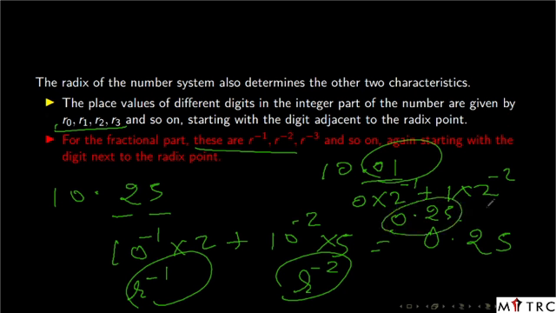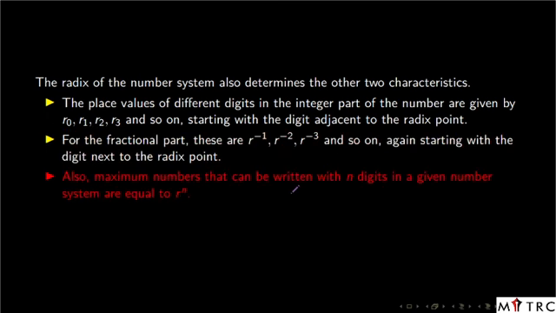So we see that the weight in the number system is defined by the radix, and thus the place value is determined by the radix. And also the maximum number in a decimal system is defined by the radix. For example, in a decimal number the radix is 10.